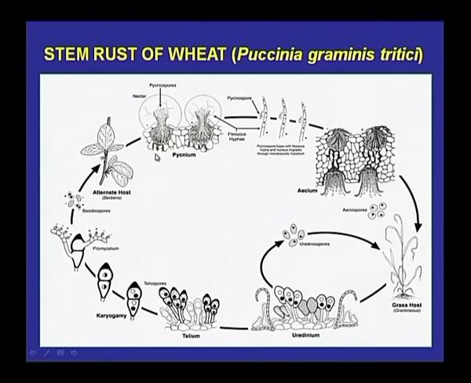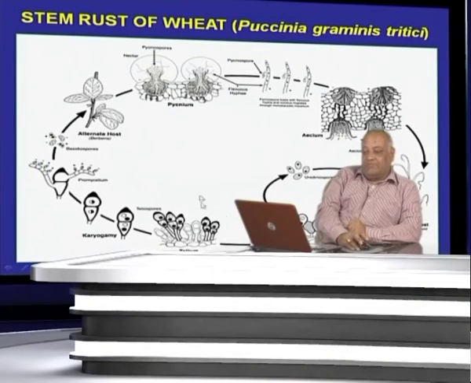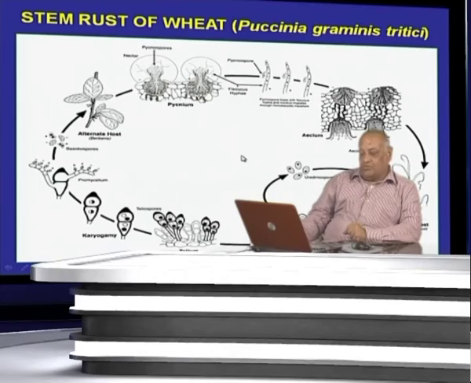On berberis, there is pycnidia formation and formation of plus and minus strains, and they fuse to form the aecium. Then aeciospores come to infect the wheat crop in the plains, and the urediospores are formed. Like this, it completes the life cycle on two different hosts.